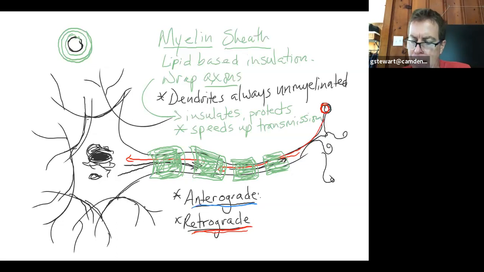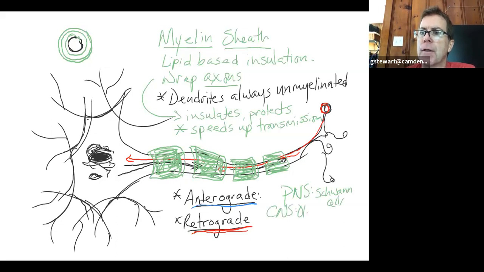I'll tell you how later. So just remember, in the peripheral nervous system, myelin is made from Schwann cells. In the central nervous system, myelin is made from oligodendrocytes.